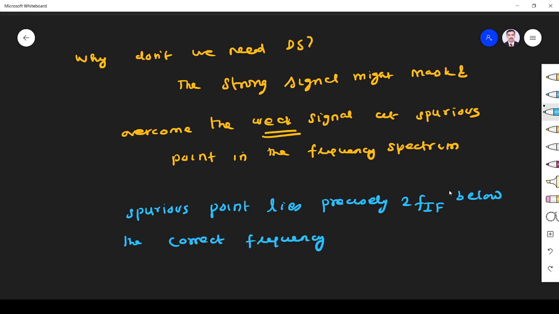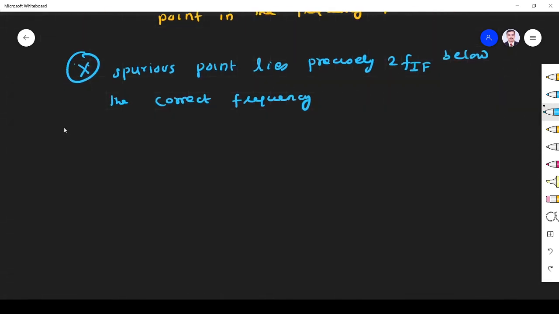That is, 2 times the intermediate frequency below the correct frequency. Let me explain everything in a problem. Let us take one problem.